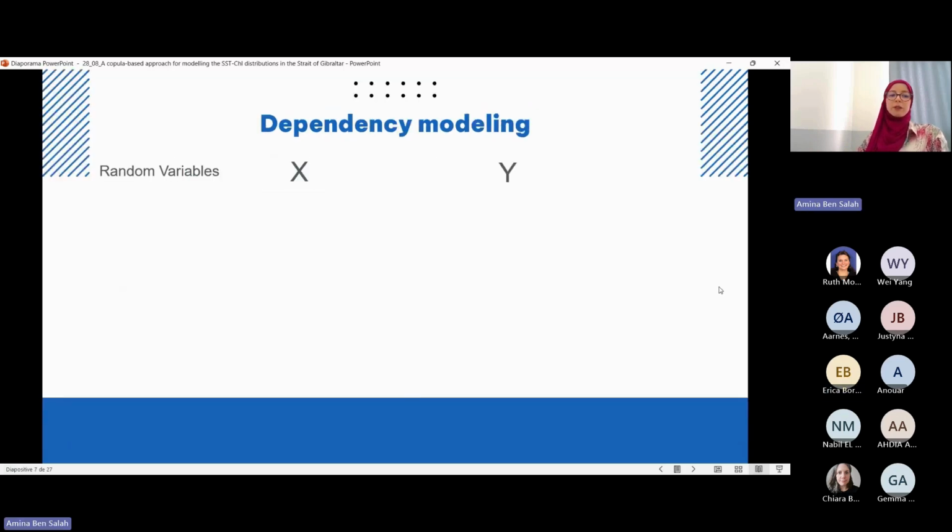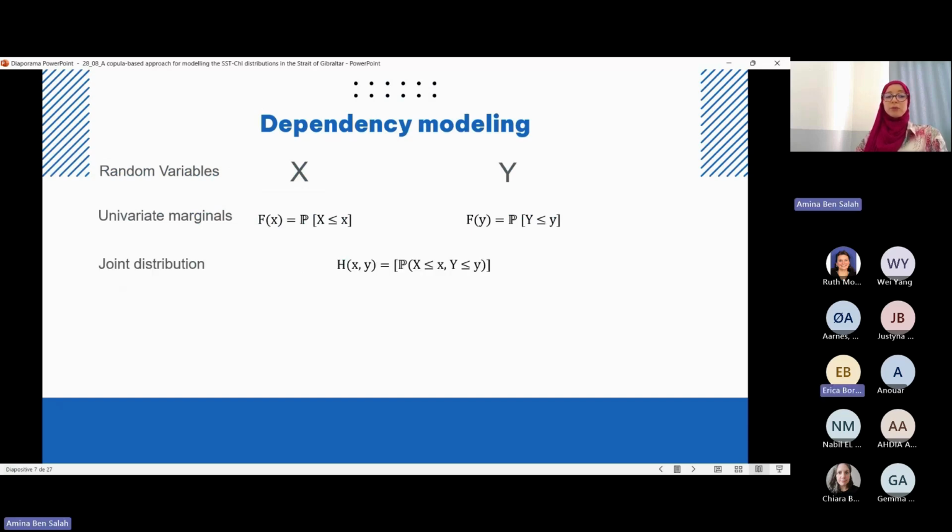To simplify the principle of copulas, we consider two random variables, x and y. In our case, x represents the sea surface temperature and y the chlorophyll-a concentration. The univariate marginal distributions, denoted by Fx and Fy, are the cumulative distribution functions of x and y. They describe the behavior of each variable independently.